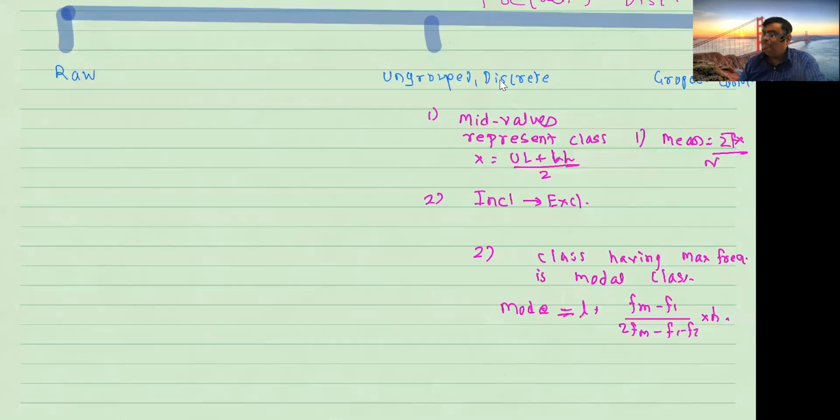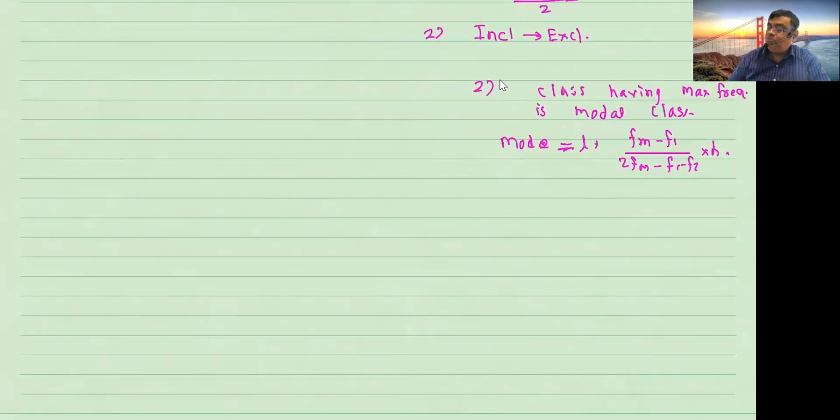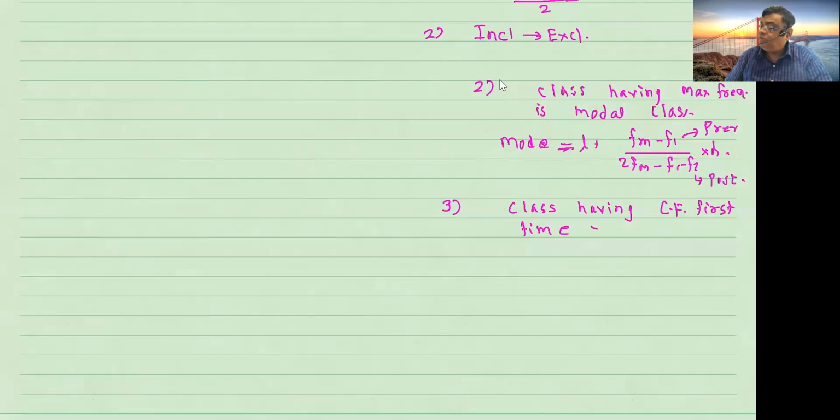तो फिर अभी ये तुमका अगर हो गया है तो फिर एक बात ट्राई टू अंडरस्टैंड. F1 is the previous frequency, F2 is the post frequency, L is the lower limit, that is obvious. Now remember, the class having cumulative frequency first time greater than or equal to n by 2 is the median class.